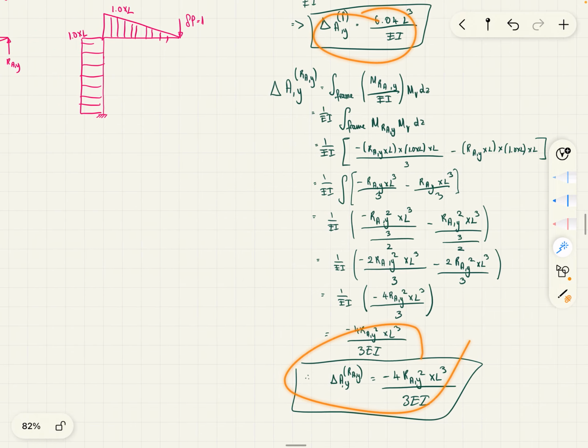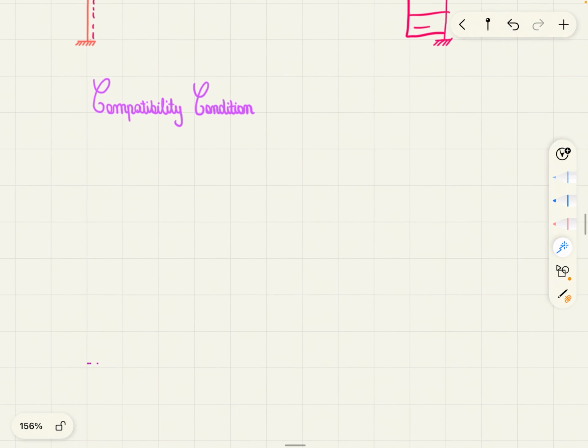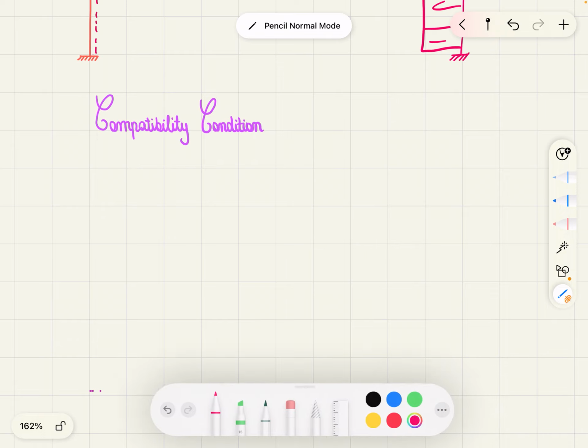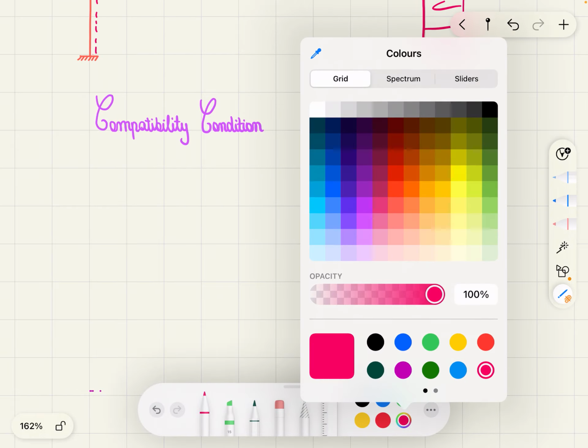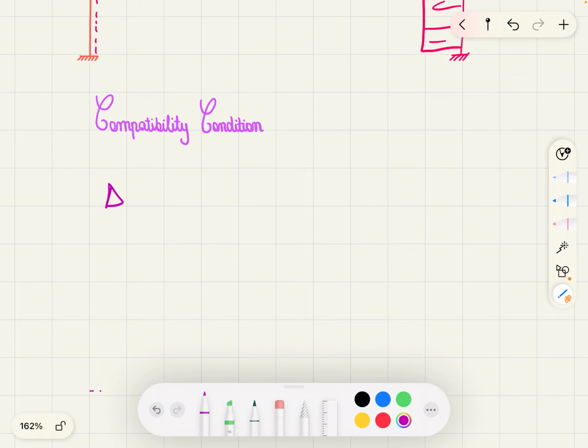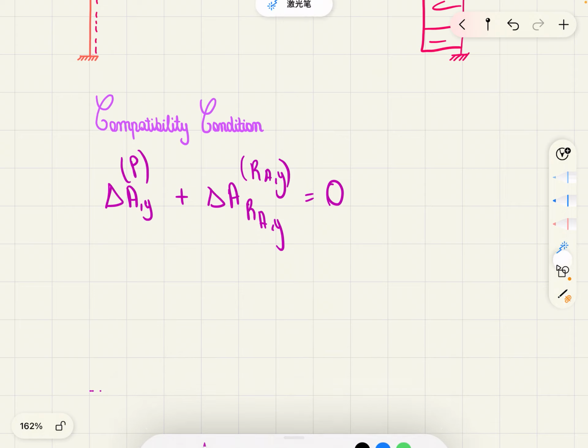So we know these, and now we can apply compatibility condition. This basically tells us that the displacement at A in the y direction due to the point load, when you add it with the displacement at A due to the reaction force at A in the y direction, must equal 0, because the structure is in equilibrium. Now let's equate these.